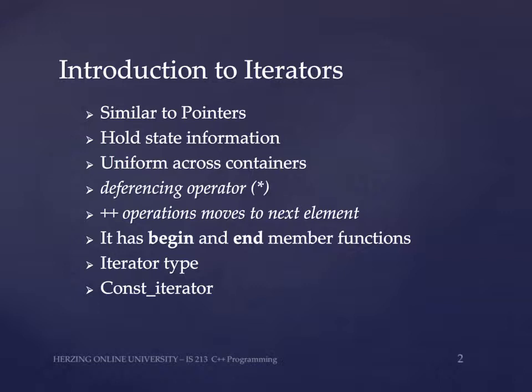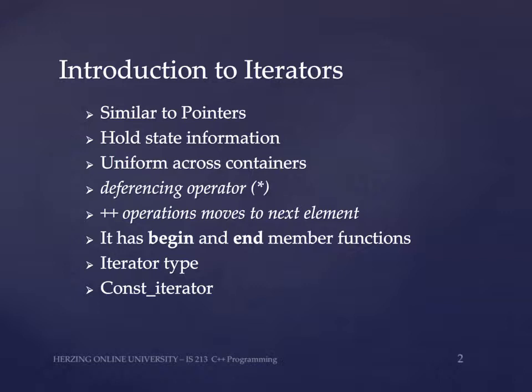First-class containers provide member functions begin and end. Function begin returns an iterator pointing to the first element of the container. Function end, on the other hand, returns an iterator pointing to the first element past the end of the container, so one past the end, a non-existent element that's frequently used to determine when the end of a container is reached.